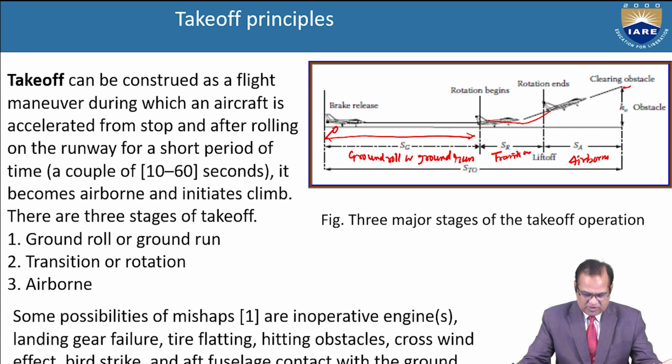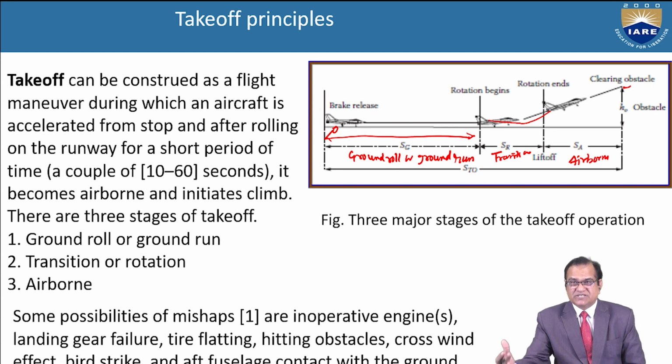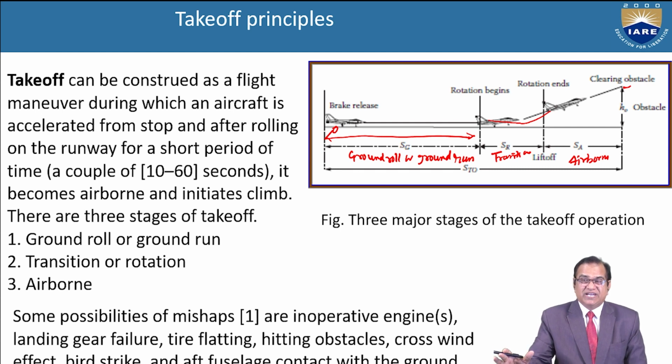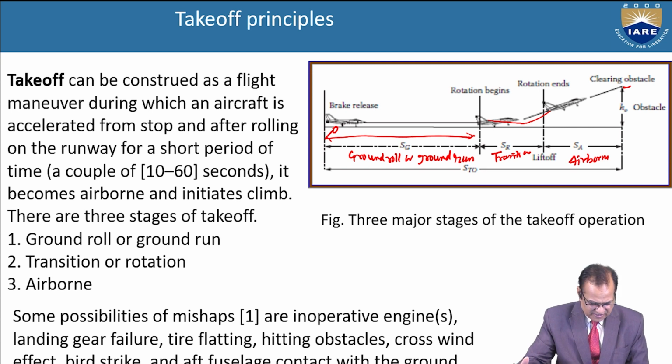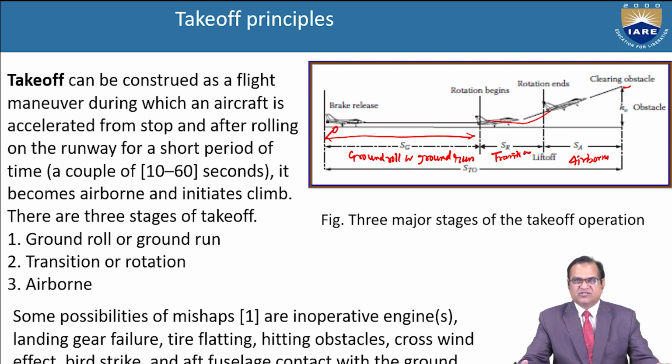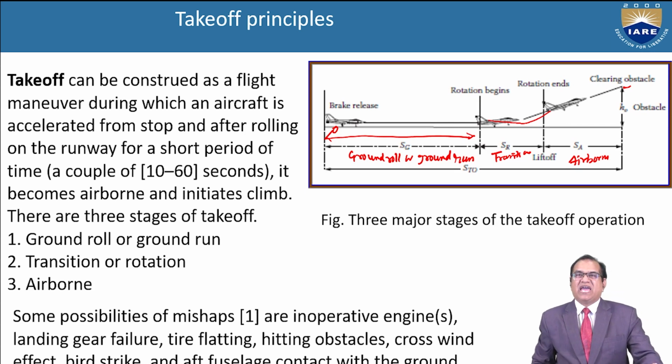Landing gear may not work properly, and your wheels are not extracted properly. A tire is punctured. Some obstacles are on the runway, or before the runway there are some trees or high-rise buildings. Wind is not coming straight but with some crosswind. Bird strikes and fuselage contact with the ground may also happen during landing and takeoff.